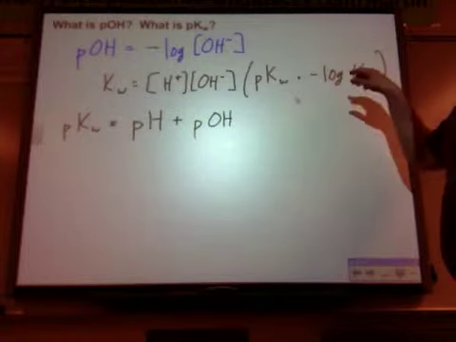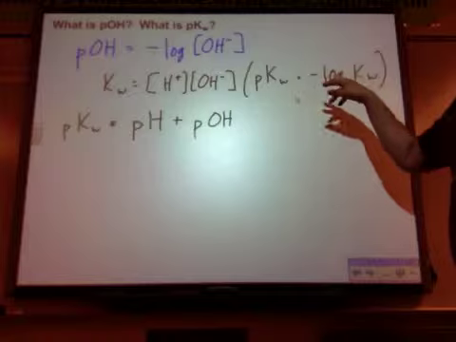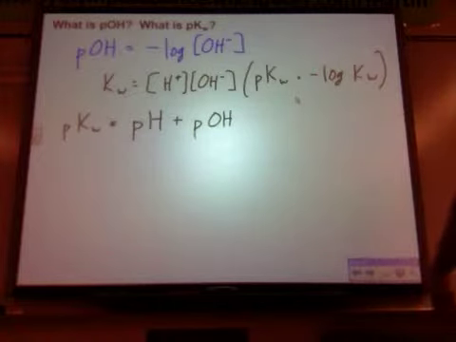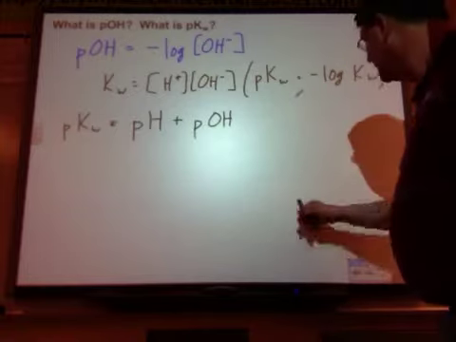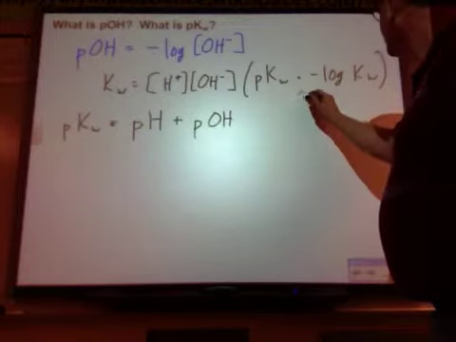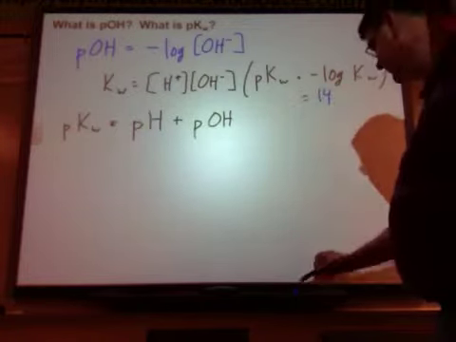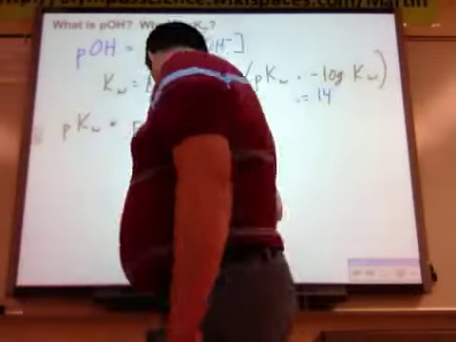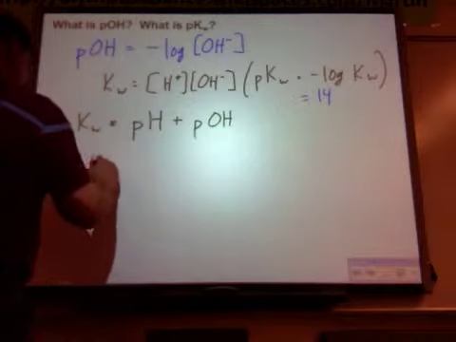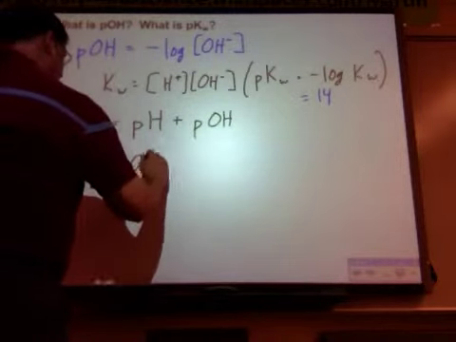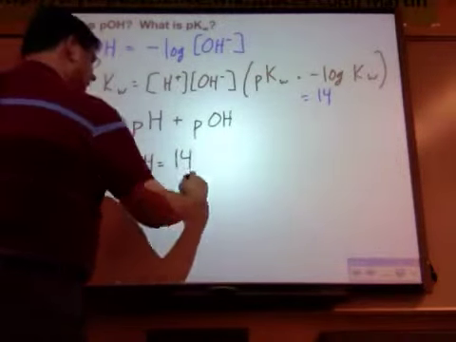Kw is 10 to the minus 14th, right? So what's its negative log? 14. So what we can say now with this is pH plus pOH equals 14.